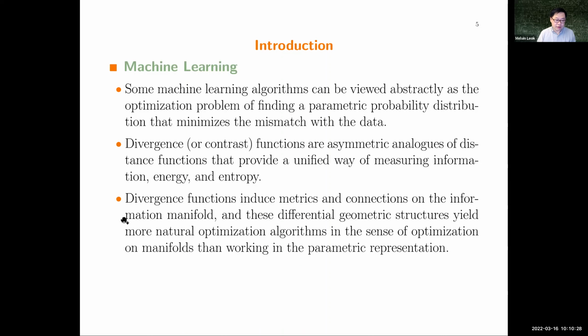But if you have one of these divergence functions, then they induce Riemannian metrics and then induce affine connections on this information manifold. And then these differential geometric structures can lead to optimization algorithms on manifolds, which make more sense and which have better convergence properties, as opposed to working with this kind of parametric representation, which I alluded to earlier.